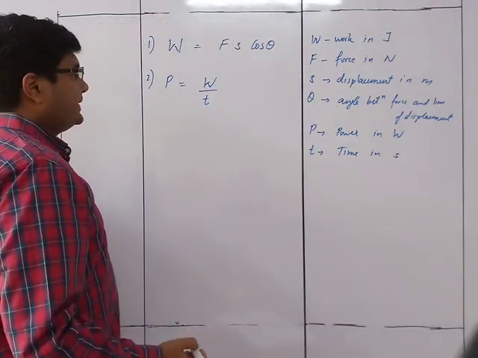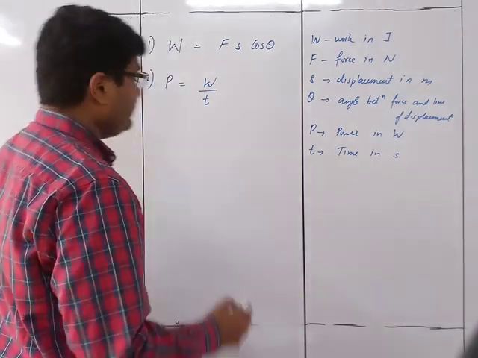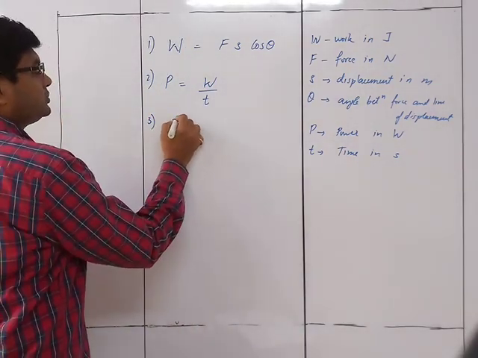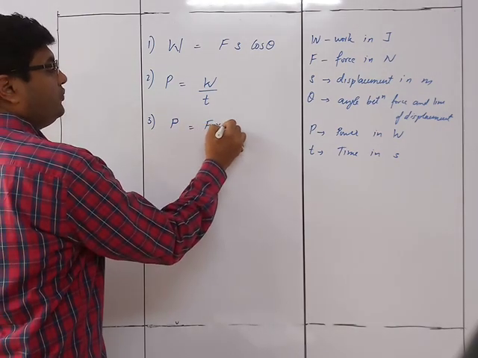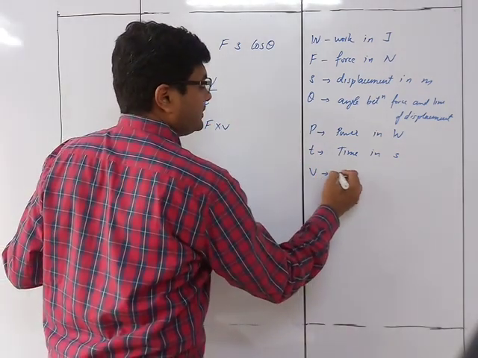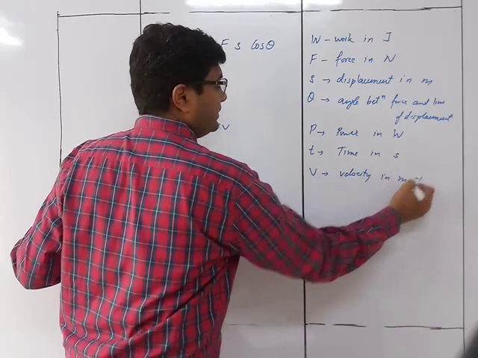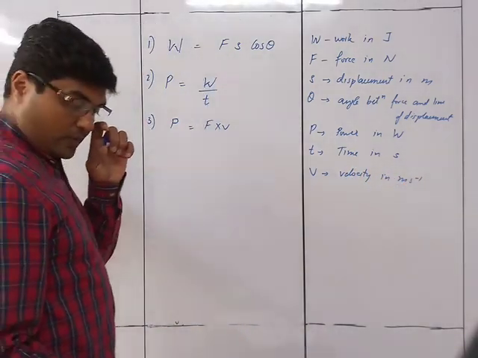So power is equal to work upon time. We have another formula over here that power is equal to F into V, where V is the velocity in meter per second.